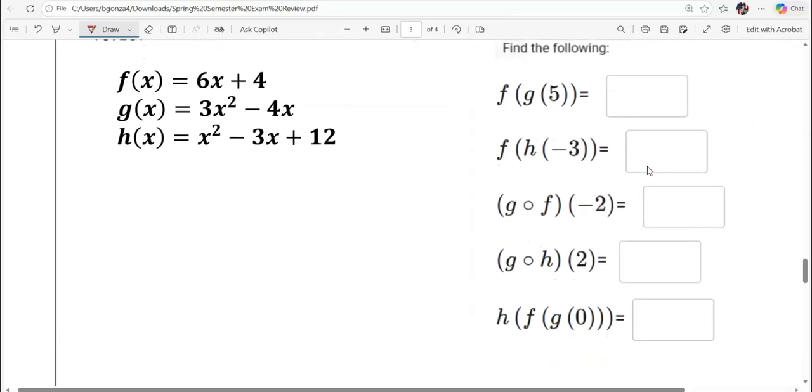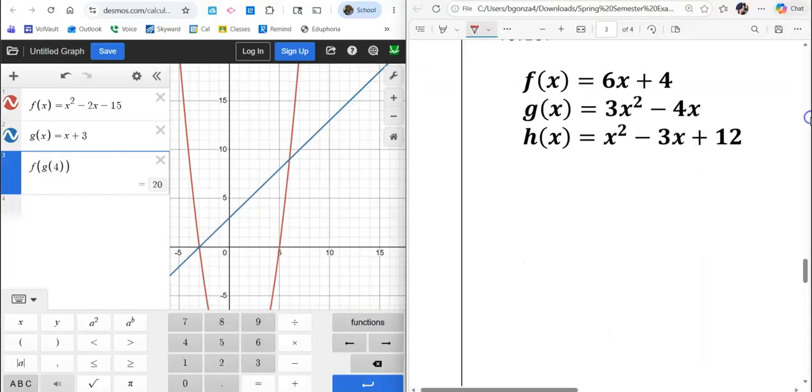All right, back to evaluating. So let's type this all in.